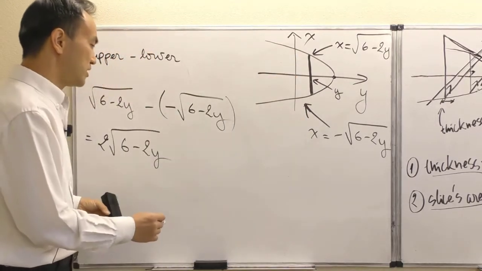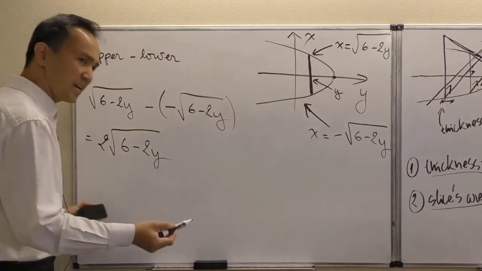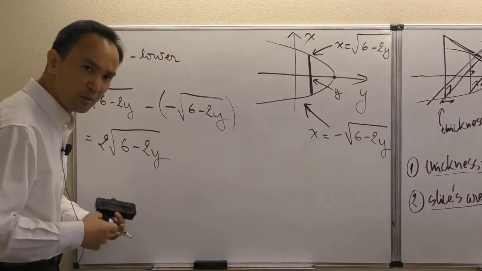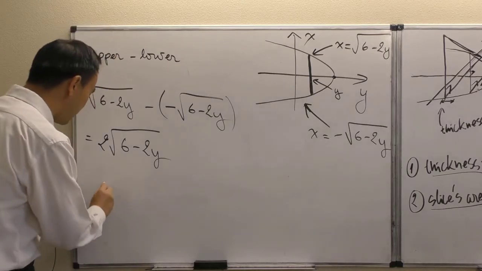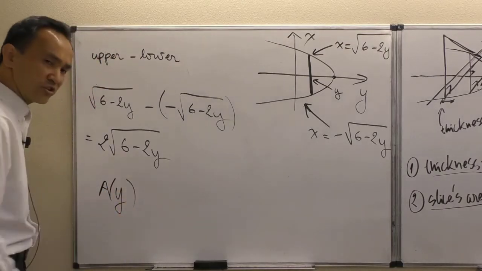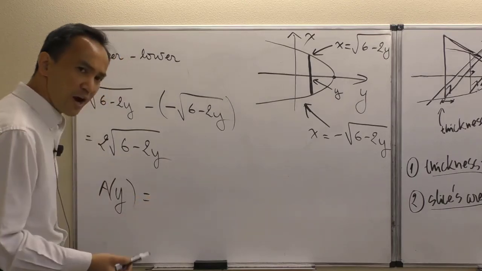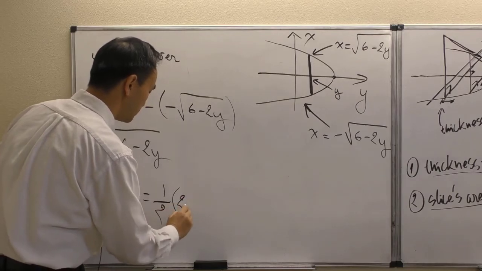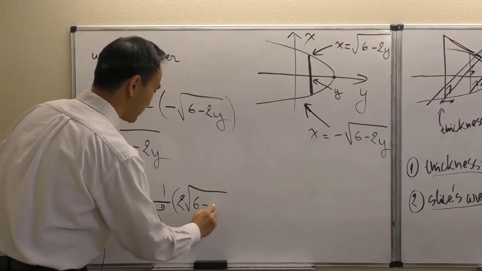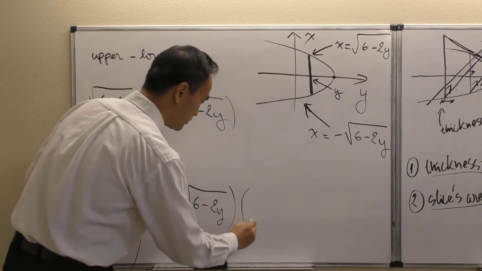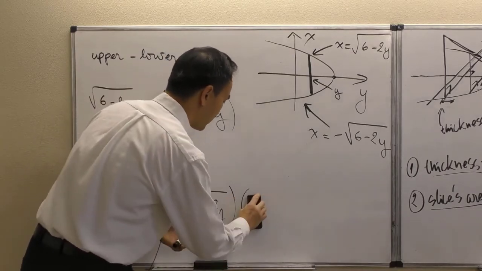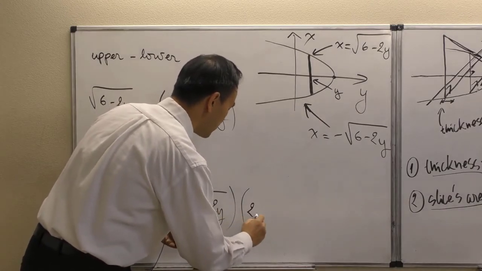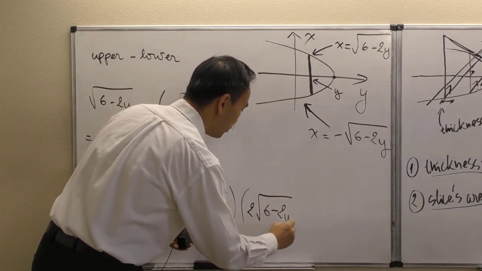And now, once we erect our triangle over that, remember, base and height are equal according to the description. So the area now has to be a function of y. The area of any triangle is 1/2 base times height: 2 times the square root of 6 minus 2y times height, which is another 2 times the square root of 6 minus 2y.